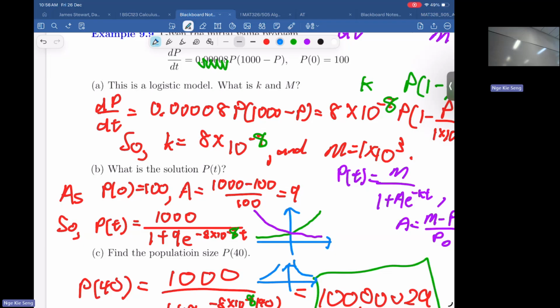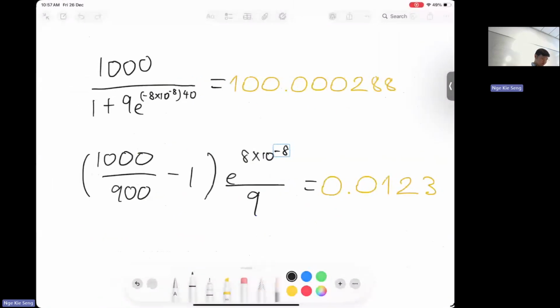Otherwise, is it? Let me think. 1 over x, not quite right. Let me think. The +1 is just a shift up. So 1 over e to the minus t, what's the picture? Let's have GeoGebra do it.